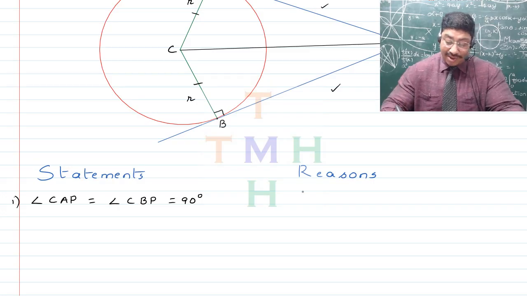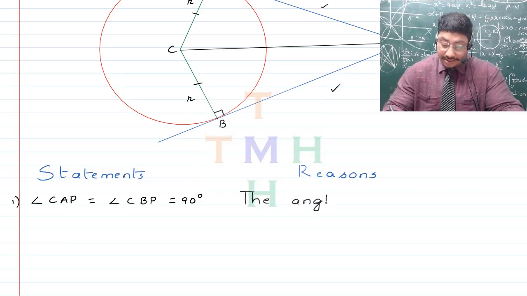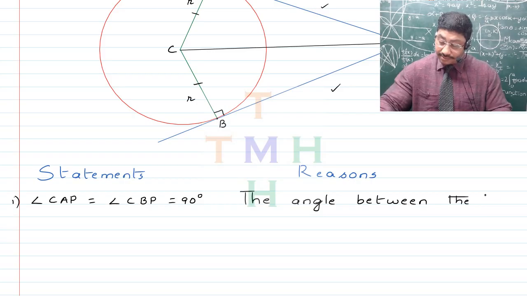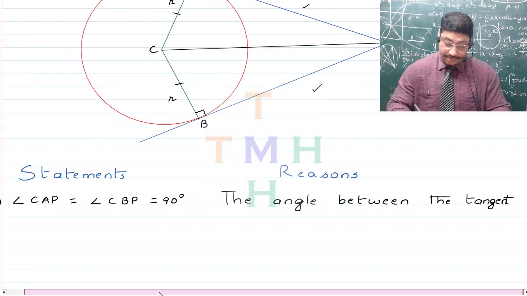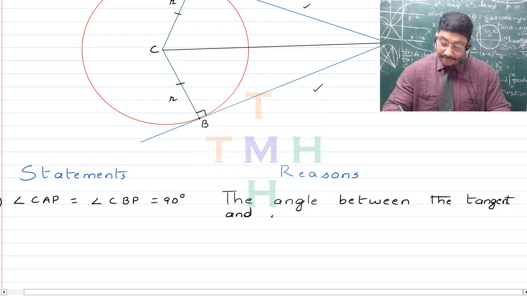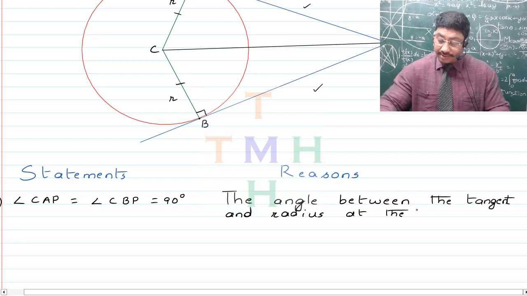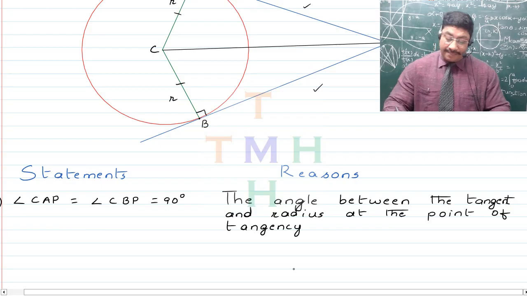And here you will write the theorem why this is, that is, the angle between the tangent and radius at the point of tangency, right, is how much? 90 degrees, right? So this is the reason why we will say that this angle is 90.